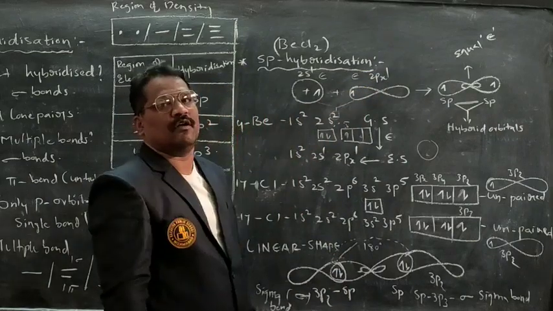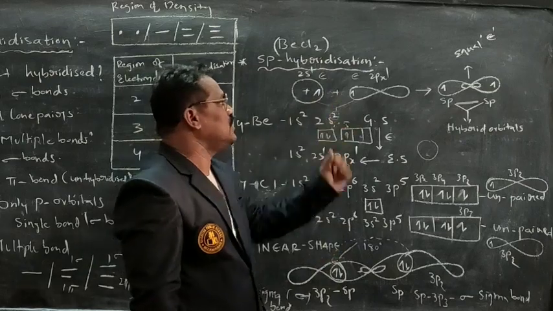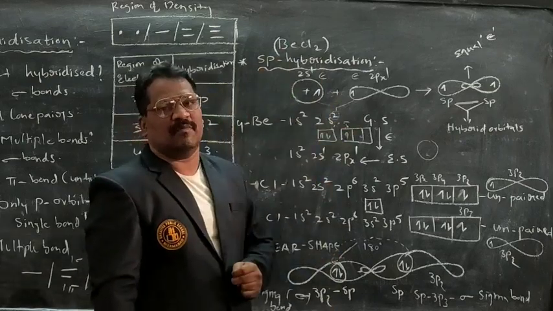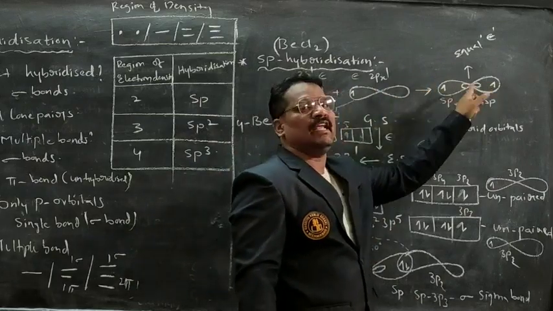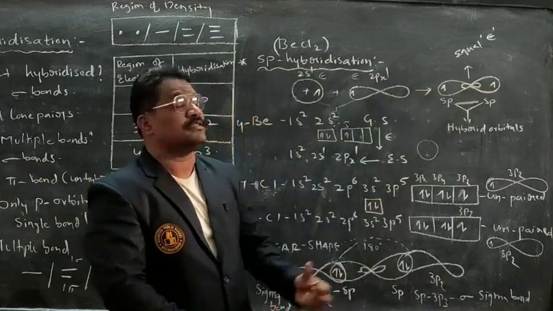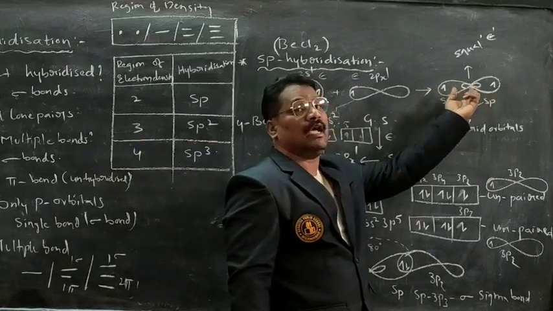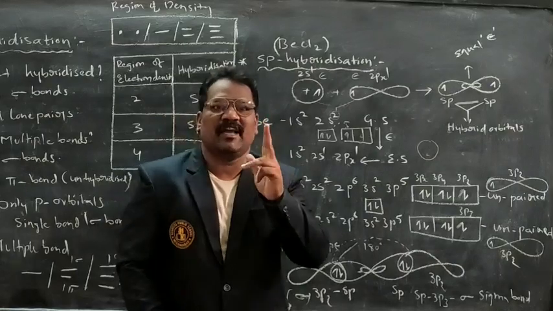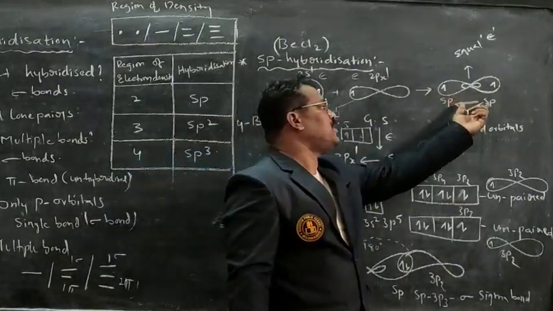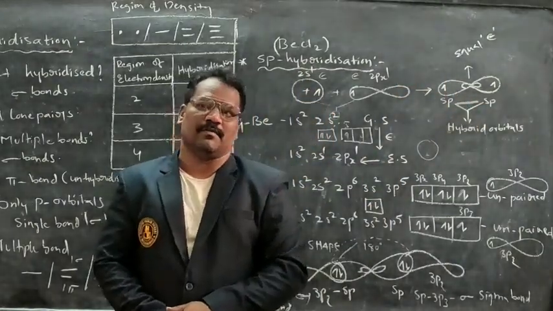Intermixing those two orbitals, 1 plus 2 is equal to how many? Two sp hybrid orbitals of equal energy are formed, and rearrangement of electrons takes place. That orbital is called an sp hybrid orbital. Here we got 2 sp hybrid orbitals.